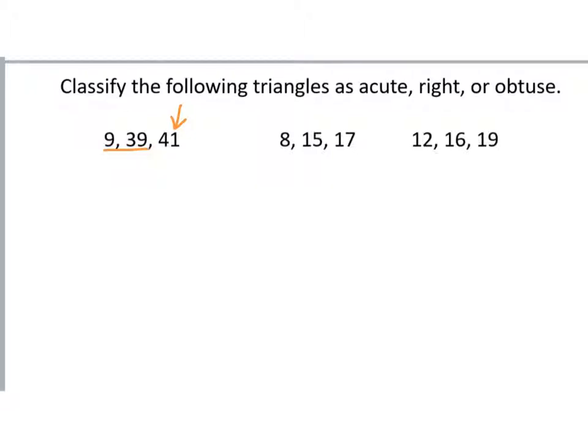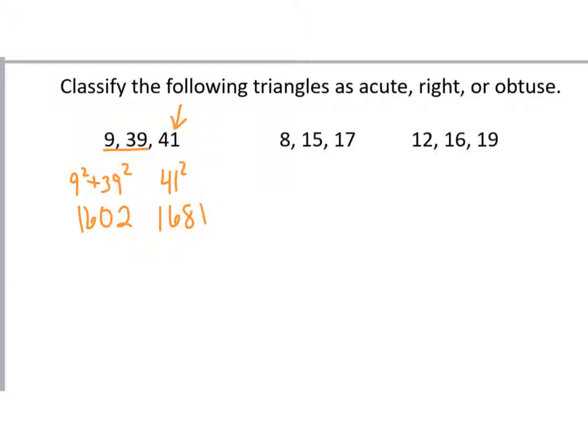So I'm going to do the other two, 9 squared plus 39 squared, and I'm going to compare that to 41 squared. So 9 squared plus 39 squared gives me 1,602, and 41 squared gives me 1,681.